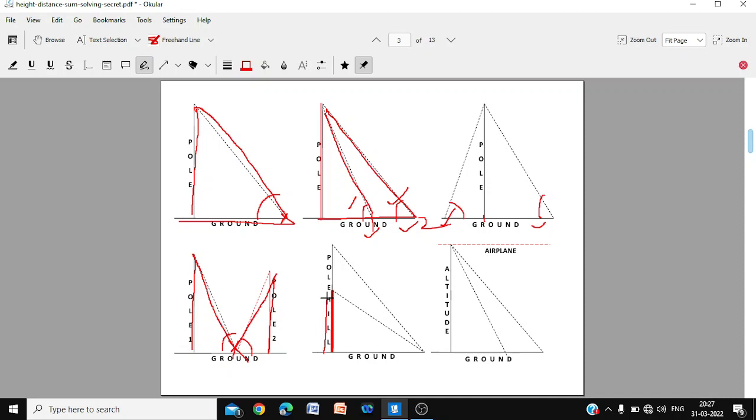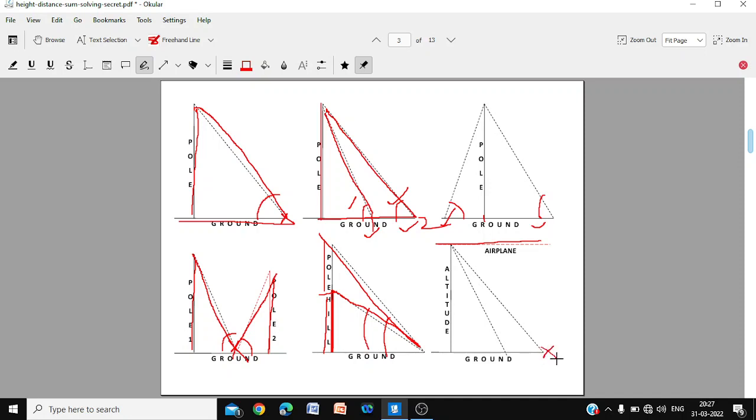Supposing a hill, and on the top you have got a pole, and you're looking at the top of the hill, which is the same as the bottom of the pole, and also you're looking at the top of the pole, getting a smaller angle when you look at a lower height and a greater angle when you look at a greater height.